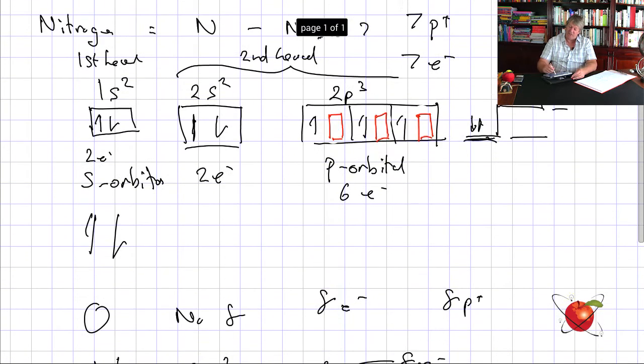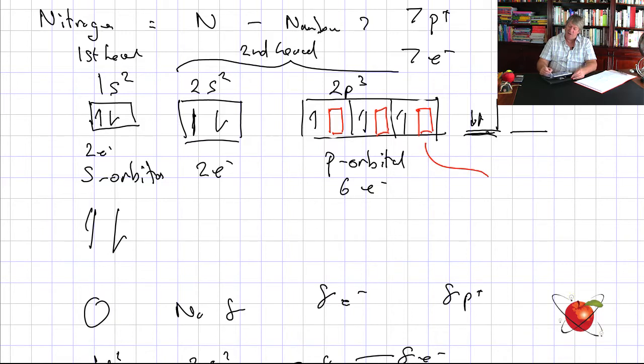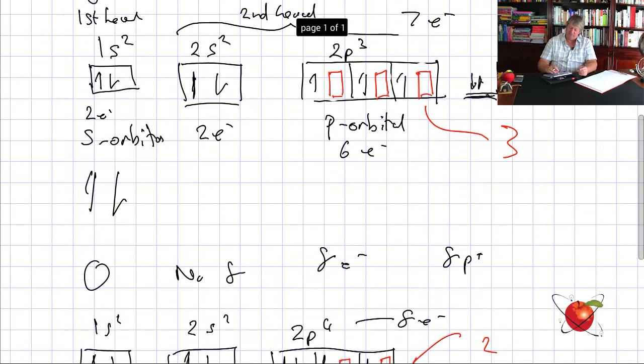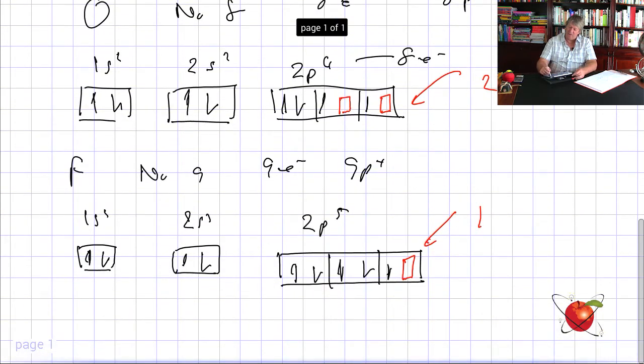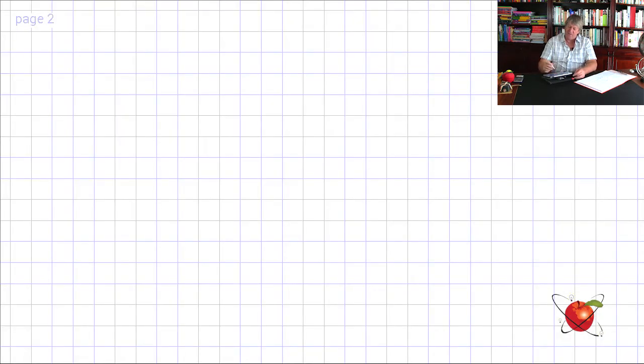And just to go back, here with nitrogen, we had 3. Okay, let's just summarize that quickly. We had here, I'm just going to do it like this: fluorine, oxygen, nitrogen. Here, remember, I'm just going to put these in red.